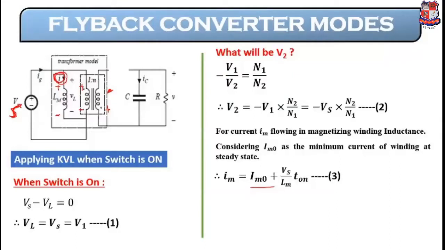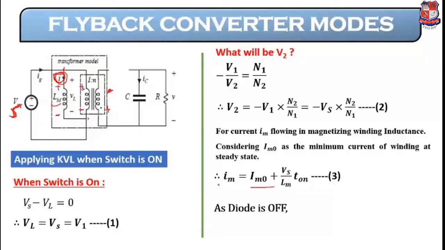The addition of these two gives me the total magnetizing current Im. This I have given as equation number 3.